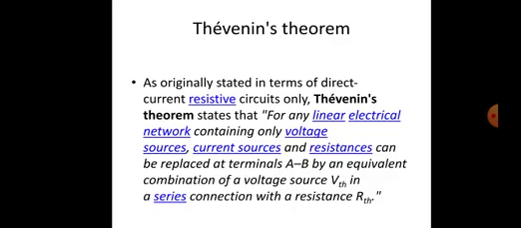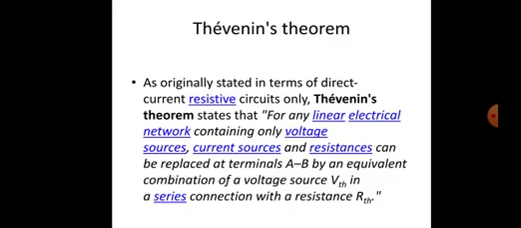As originally stated in terms of direct current resistive circuits only, Thevenin's theorem states that any linear electrical network containing only voltage sources, current sources and resistances can be replaced at terminals A to B by an equivalent combination of a voltage source VTH in a series connection with a resistance RTH.